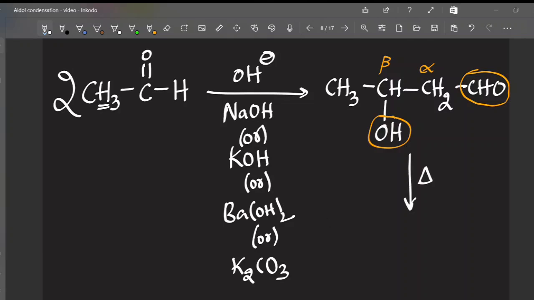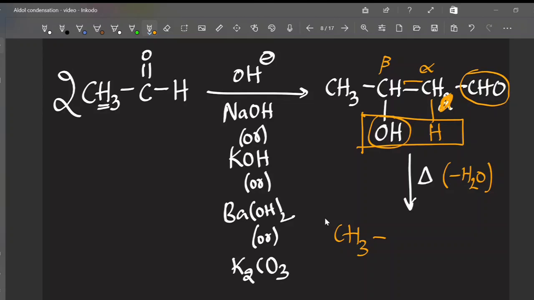Upon further strong heating, what does it undergo? I am writing one of the hydrogens like this, and this water molecule is going to eliminate as H2O, and then we get a double bond here. If you observe carefully, the product will become this, CHO.